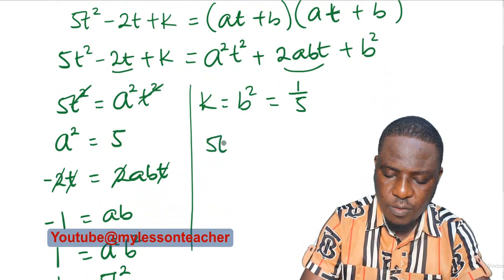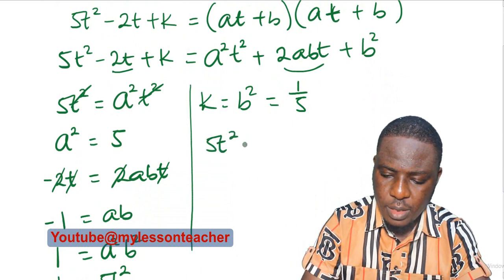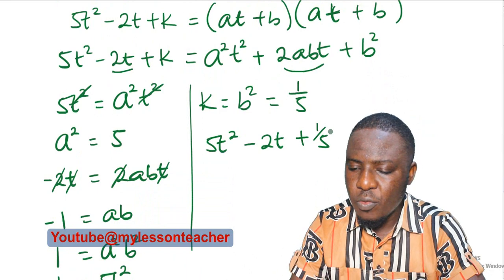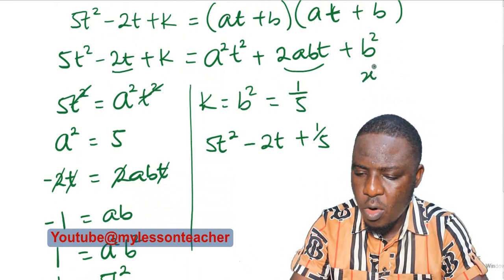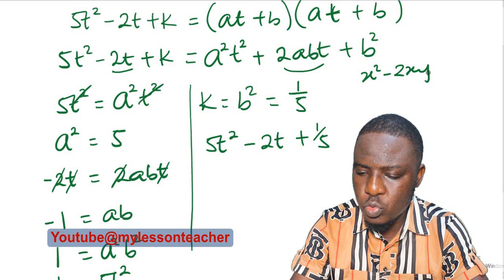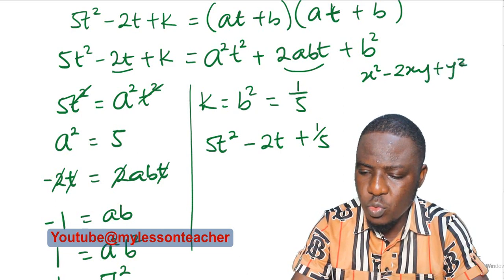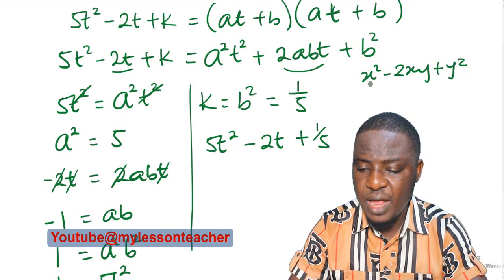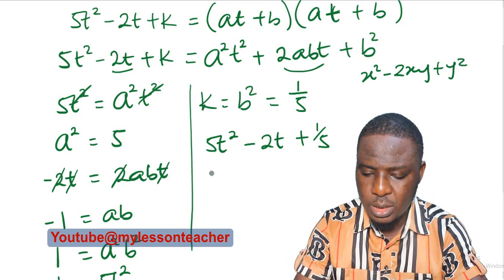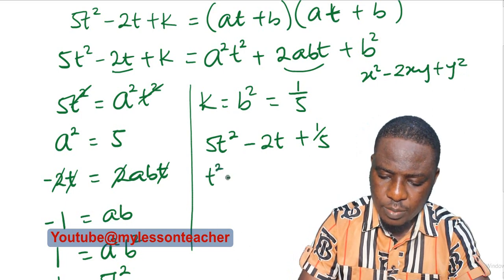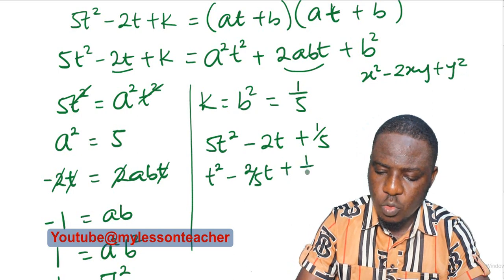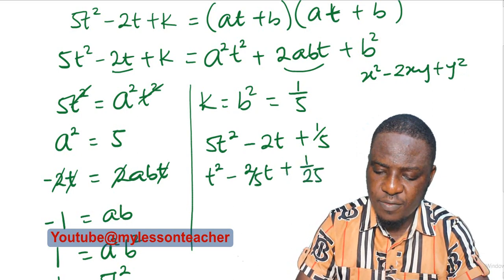So this becomes 5t squared minus 2t plus 1 over 5. Now, writing this in the form of x squared minus 2xy plus y squared, we'll have to divide every term by 5 to make the coefficient of x squared 1. So this becomes t squared minus 2 over 5 t plus 1 over 25.